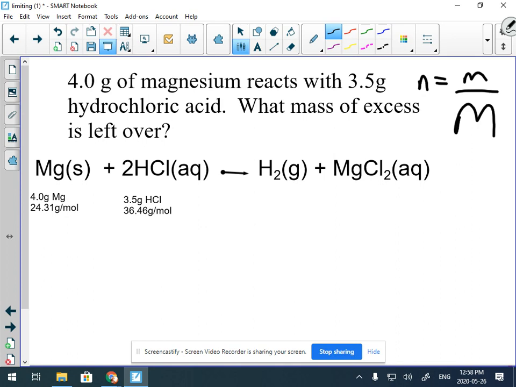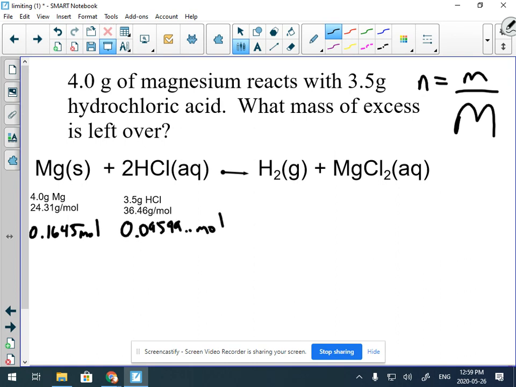So 4 divided by 24.31 gets me 0.1645 mole. And obviously, there's more to that on my calculator. 3.5 divided by 36.46 gets me 0.09599 mole. Okay.